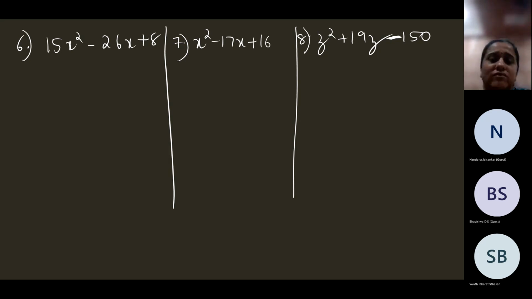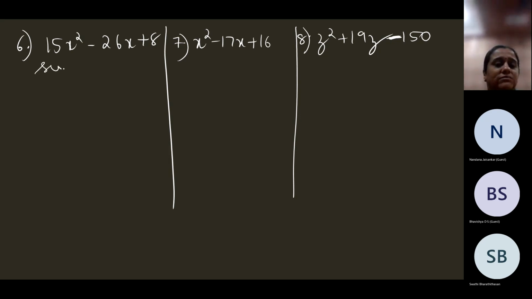A square and b square is always plus. So for reasons like this, you cannot use the identity. Then in that case, we have to factorize the expression by splitting the middle term.